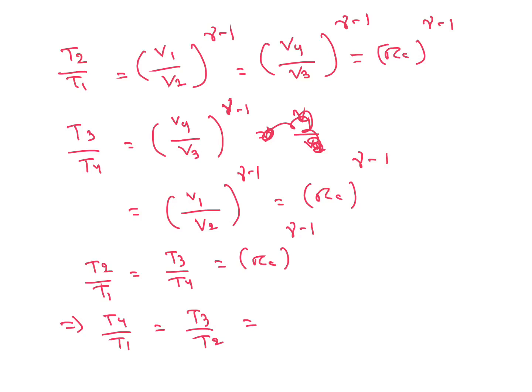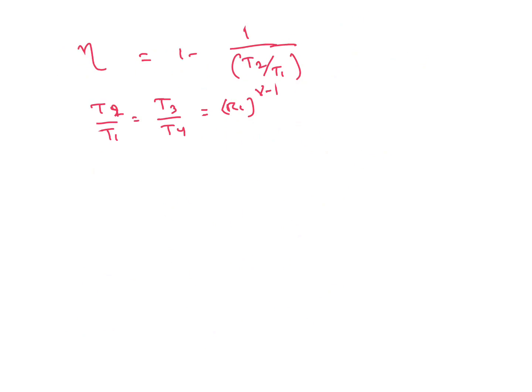Finally, in the efficiency term, we will apply these two equations, and we get 1 minus 1 by RC to the power gamma minus 1. This is the Otto cycle efficiency, the final expression.